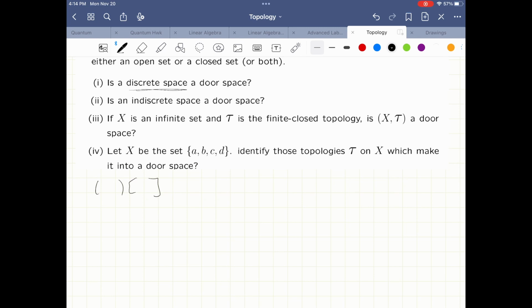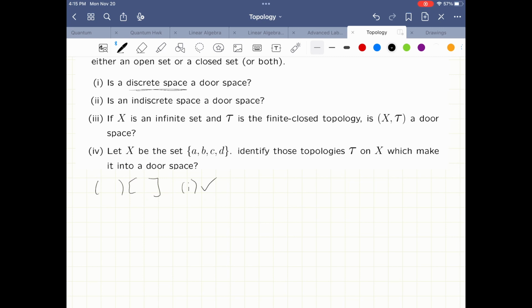A discrete space is one in which every set is both open and closed, making them clopen. They are not open or not closed. And since one of the possibilities in our definition of a door space is that all sets are either open, closed, or both, it is satisfied, since all the sets are both. So the answer to our first question is that it is a door space.